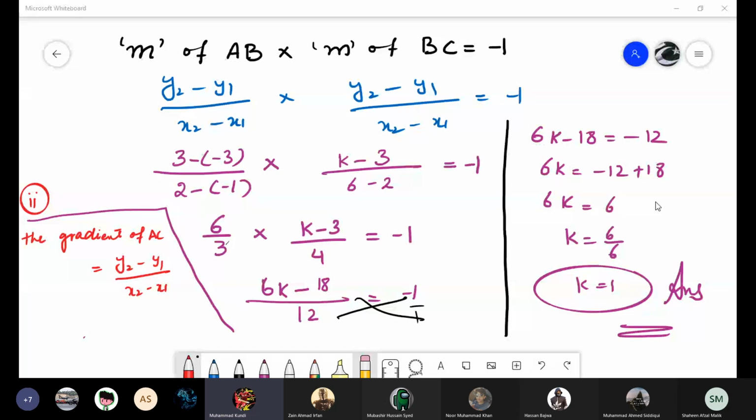Muhammad Arsalan Abbas is absent, and who is the second one who didn't join? Arsalan joined now, attendees are 18.